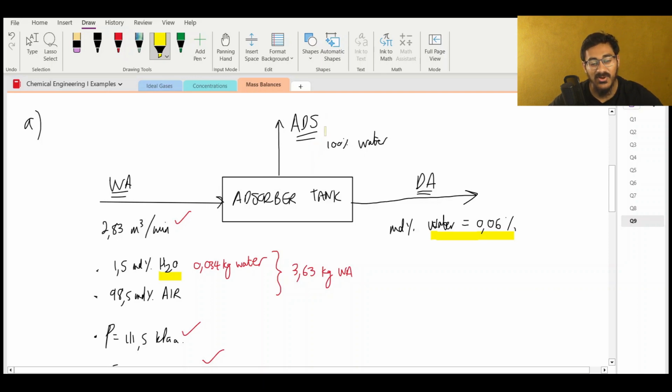That will be called a component mass balance, because I'm taking the amount of water entering, and that is equal to the amount of water in the adsorption stream plus the amount of water in the dry air stream. So we're going to do a component mass balance for the water.